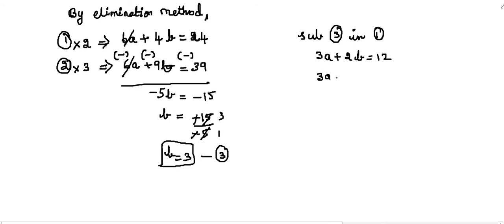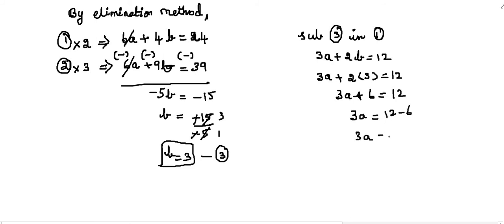So 3a plus 2 into, instead of b I can write 3, is equal to 12. 3a plus 6 is equal to 12. 3a is equal to 12 minus 6. 3a is equal to 6, a is equal to 6 by 3, so I'll get a is equal to 2.